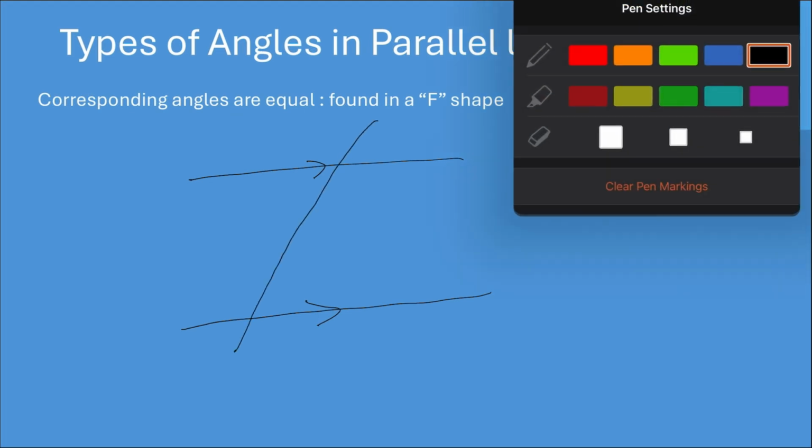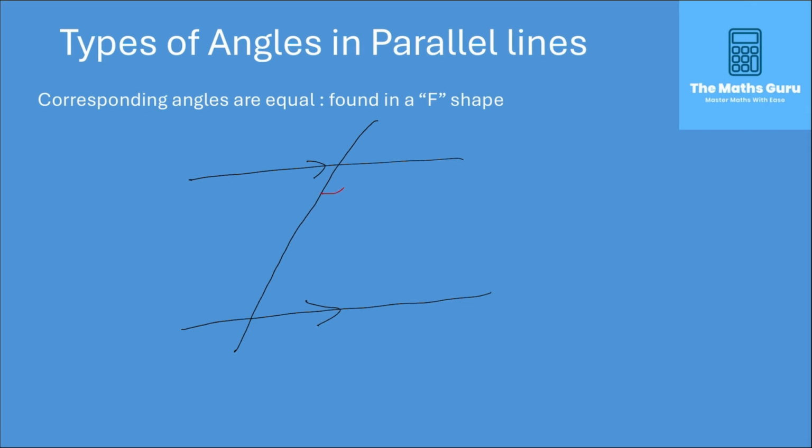We then have two angles, A degrees and B degrees, and these are called corresponding angles, and A is equal to B.